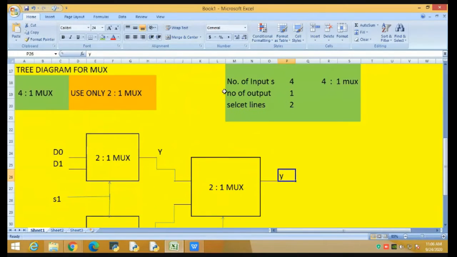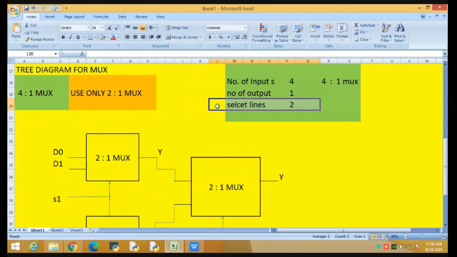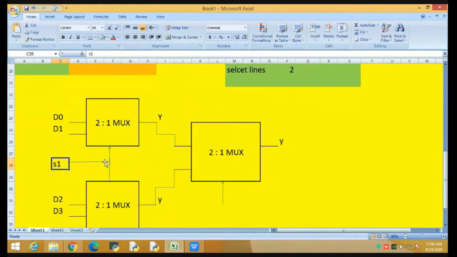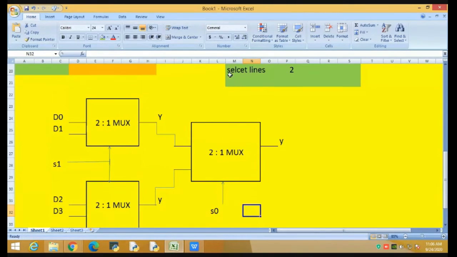So my second requirement is also fulfilled. Now, what is my last requirement? The last requirement is nothing but the select lines. Here I already get one select line, so I am going to define the S0 here also. So this defines my last requirement.